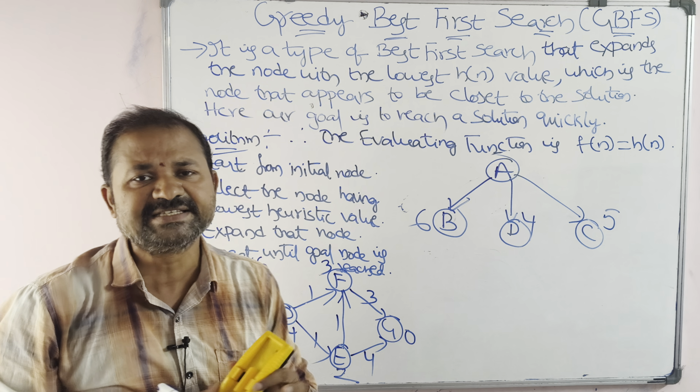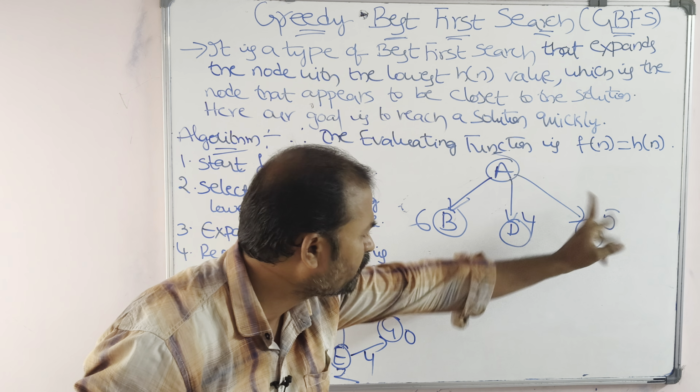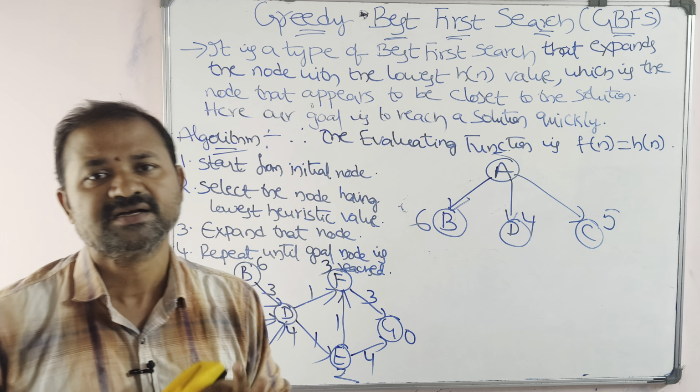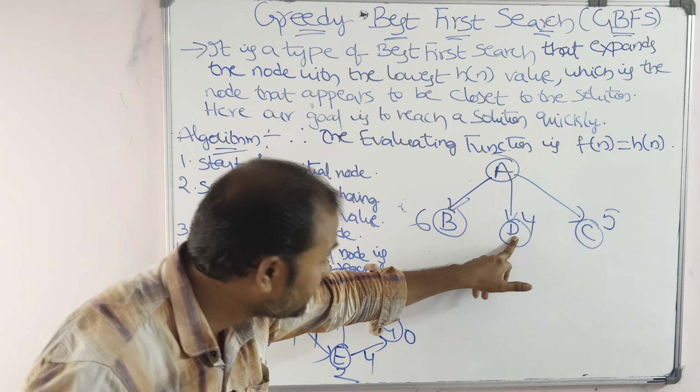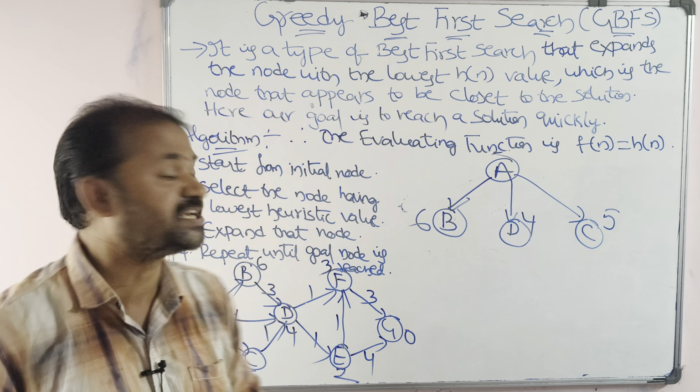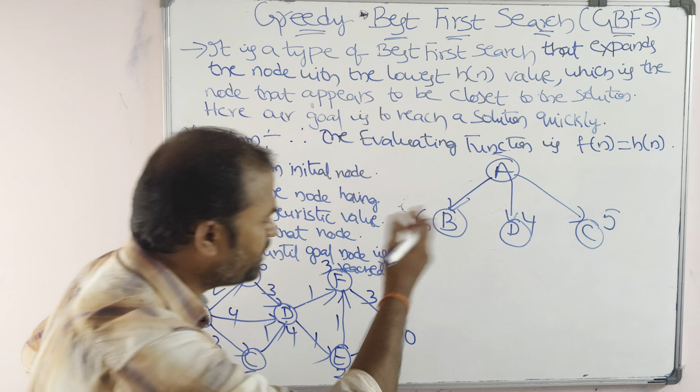Here we always consider only the heuristic value. Out of 6, 4, 5, 4 is the smallest value. So we can say that D has the least heuristic value. We expand that node. So D becomes the best node.